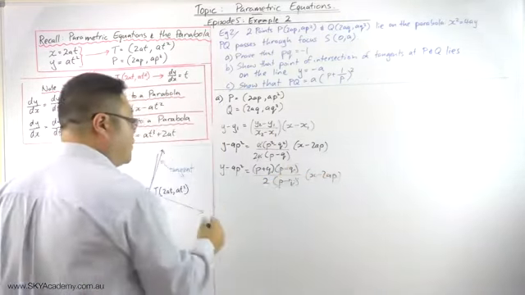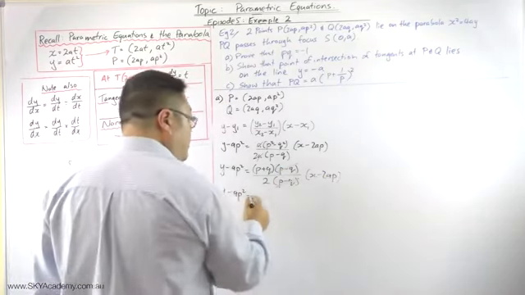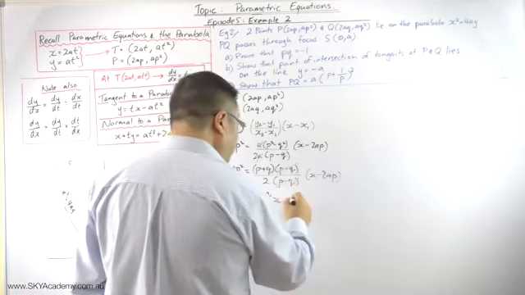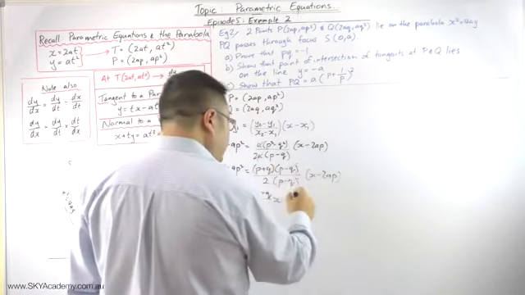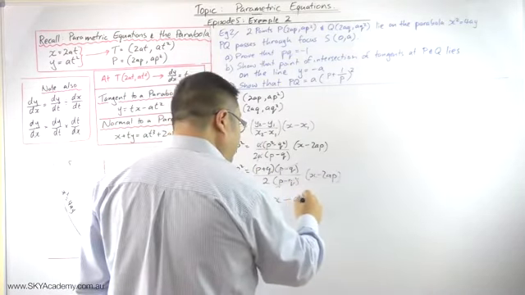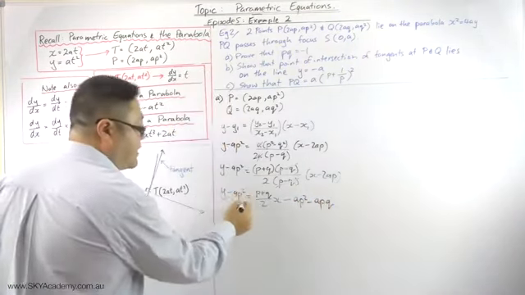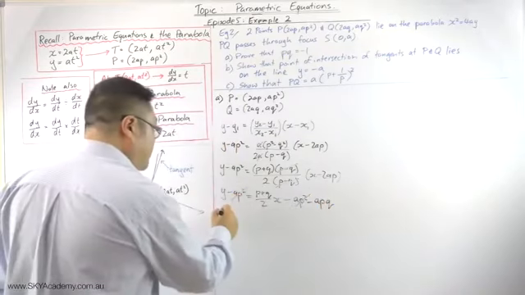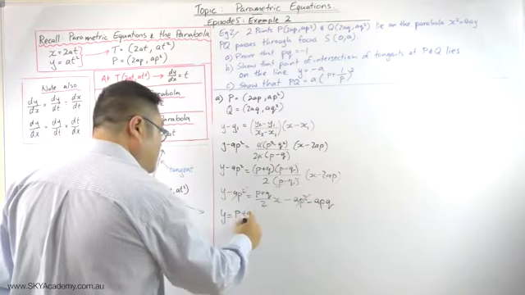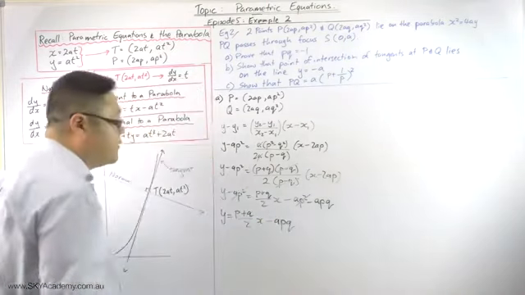That cancels, which leaves us with y - ap² = (p + q)/2 times (x - 2ap). Multiplying out, the 2ap term gives ap² - apq, and the ap² cancels. So you're left with y = (p + q)/2 x - apq.